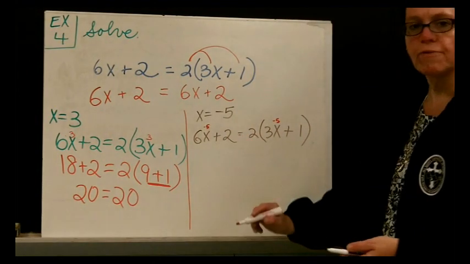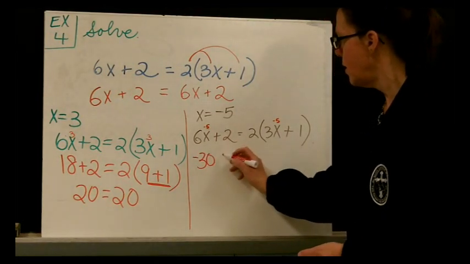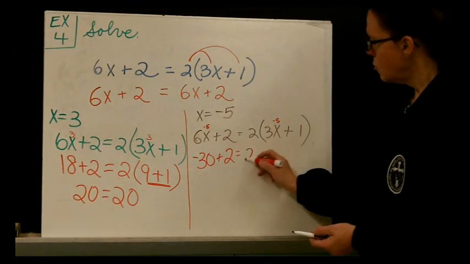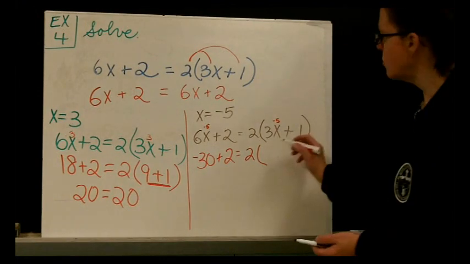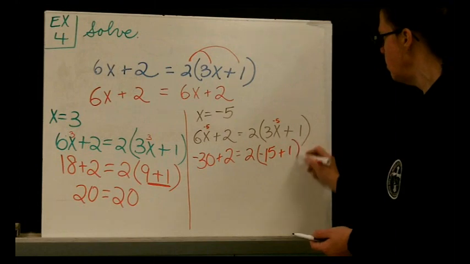6 times negative 5 gives us negative 30. We'll add a positive 2. 2 times the quantity, we have 3 times the negative 5, which gives us a negative 15 and a positive 1.